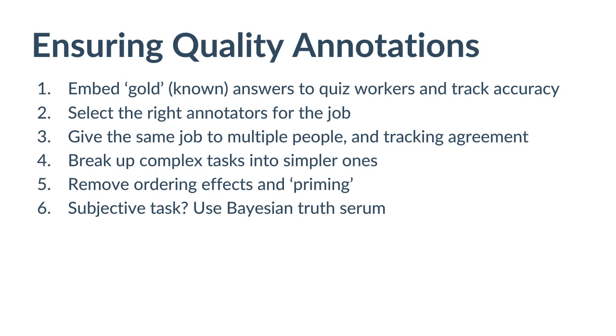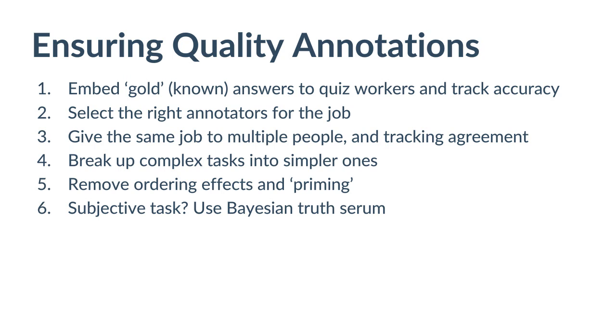And then there are 3 other strategies which have been well attested for showing increased throughput and accuracy. First, breaking up complex tasks into simpler ones. For semantic segmentation, you might have one task breaking up that image into the different objects and another one labeling them. Second, you want to be smart about removing ordering effects, often known as priming.